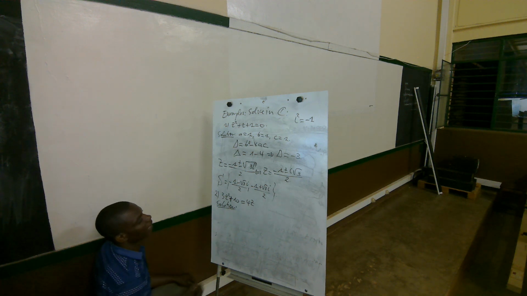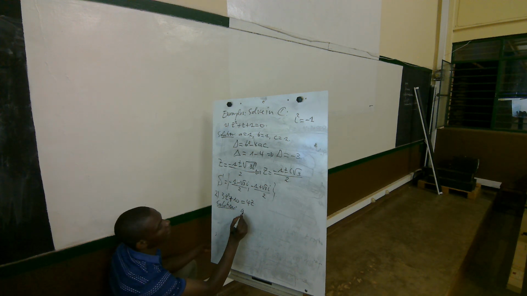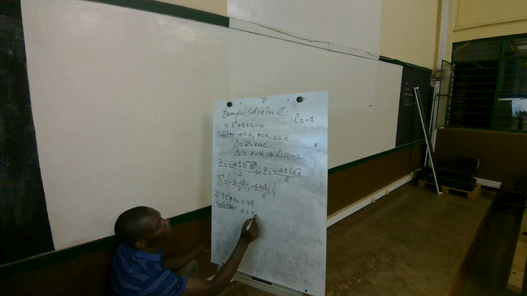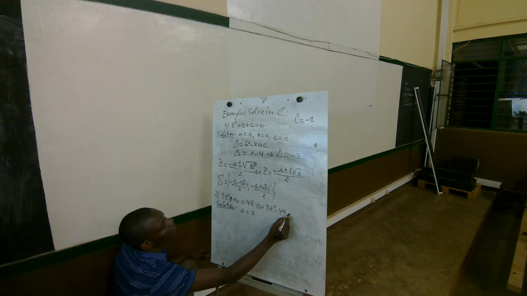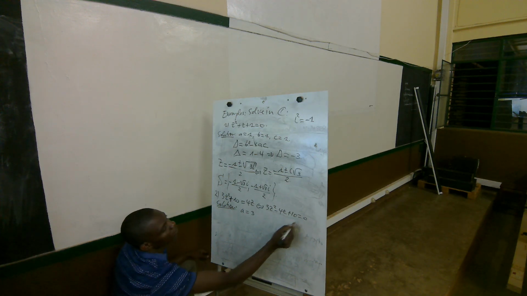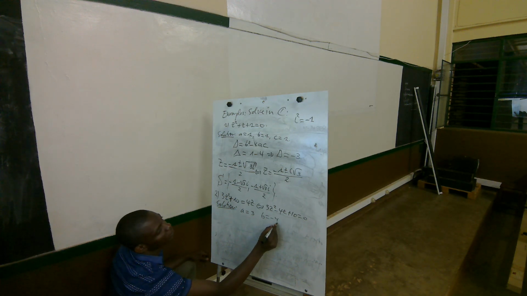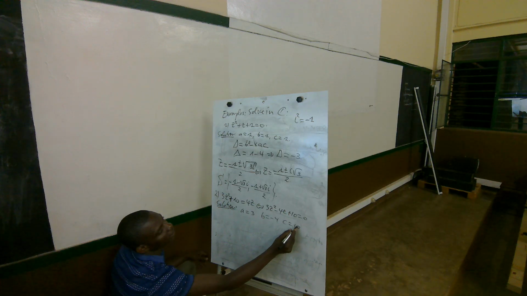First, a is equal to 3. We can write this one as 3z squared minus 4z plus 10, which is equal to 0. And you find that b is equal to negative 4 and c is equal to 10.